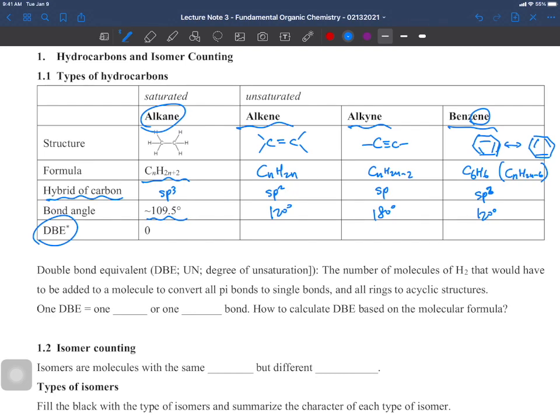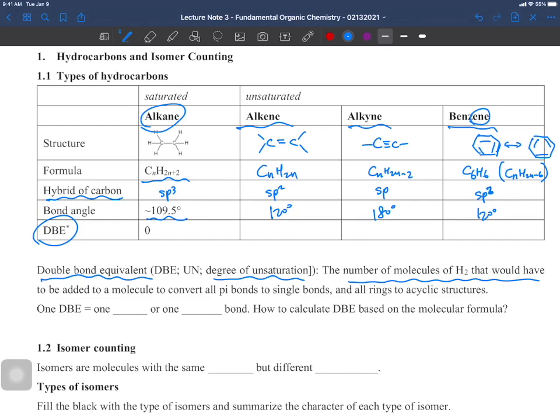And so the next very, very important concept I want to introduce is the DBE. The full name is double bond equivalent or equivalence. There are a few similar names, such as the degree of unsaturation. Basically it means the number of molecules of hydrogen that would have to be added to the molecule to convert all of the pi bonds and the rings into single bonds.